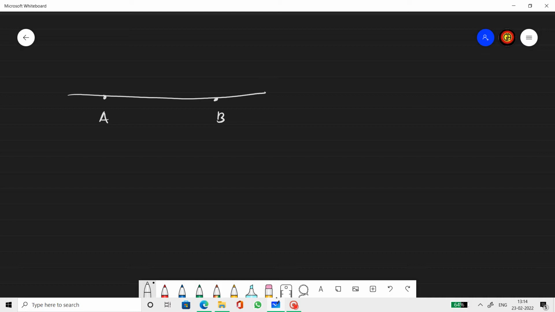One is the passing through point, the other one is the direction vector. Now, if I consider A as my point of reference, then the AB vector will be the direction vector. Or if I consider B as the passing through point, the BA vector becomes the direction vector. So it is up to me what to take as the passing through point. I would take A as my passing through point.